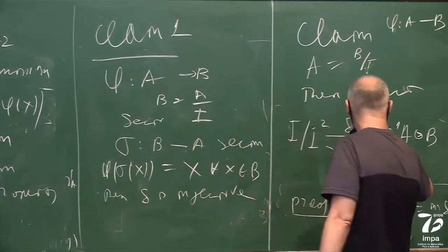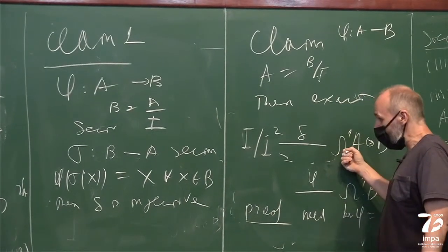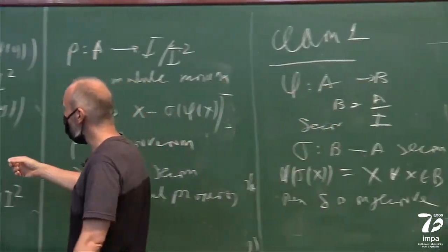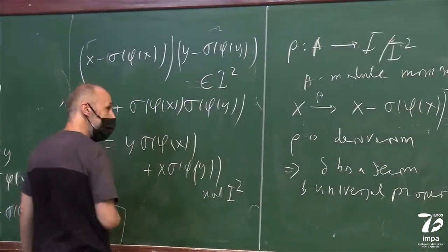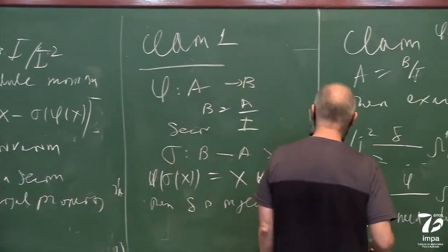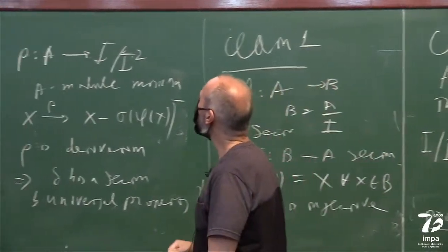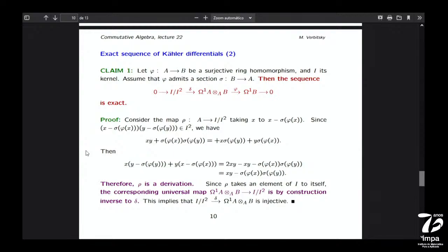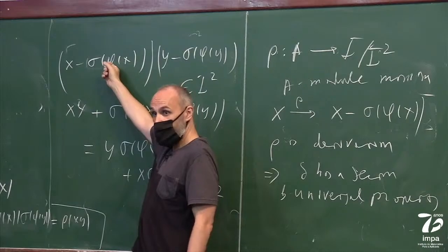Rho takes the generator x to dx, and then delta maps it back. Rho takes an element of I to itself by definition, because phi of I is 0.